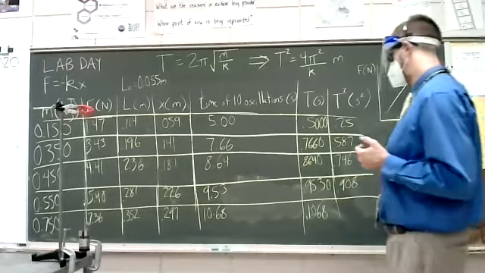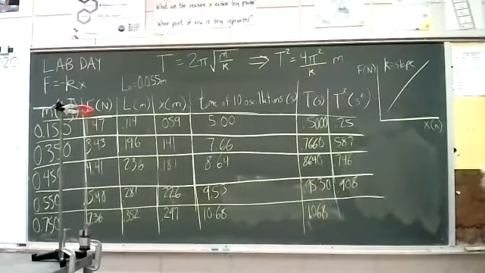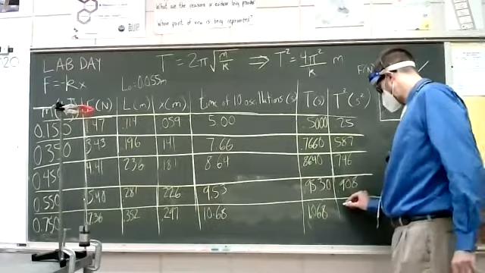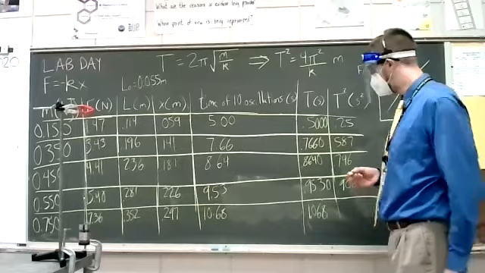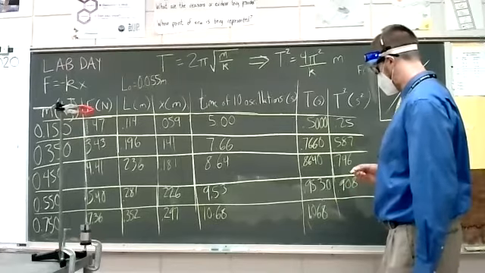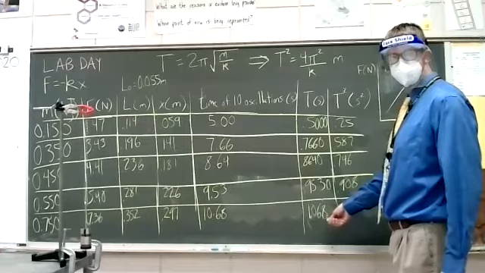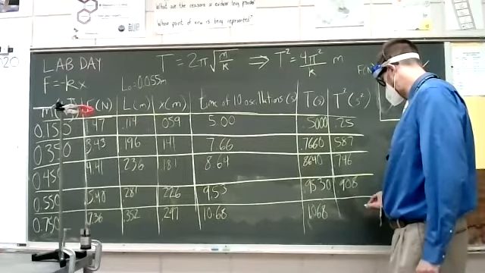Did I do that right? No. 1.068, right? Not bad. All right, what's 1.068 squared? Still about 1, right? Anybody? 1.068 squared. 1.011.